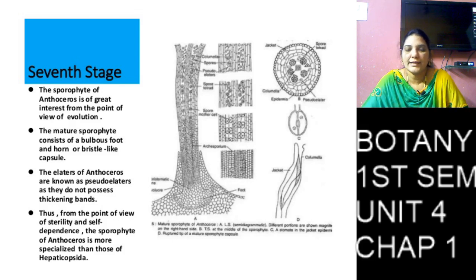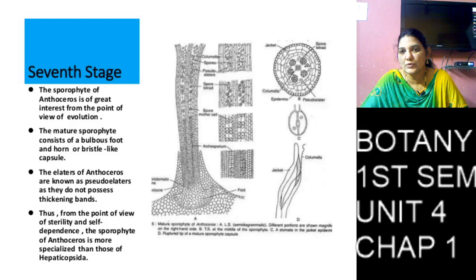On the outer side, 4 to 5 layers of epidermis are present. It is also a developmental character of the sporophyte. The epidermis has stomata. Here the sporophyte depends on the thallus only for water and minerals.